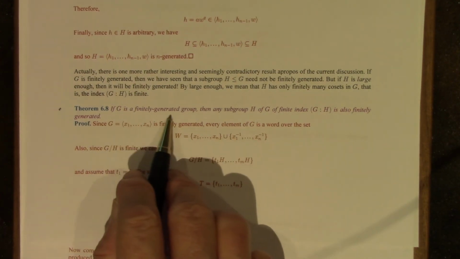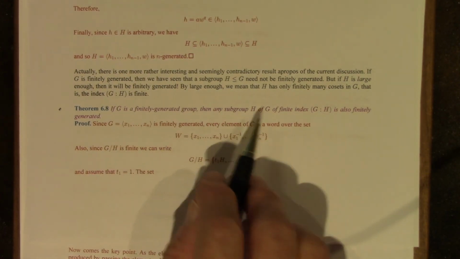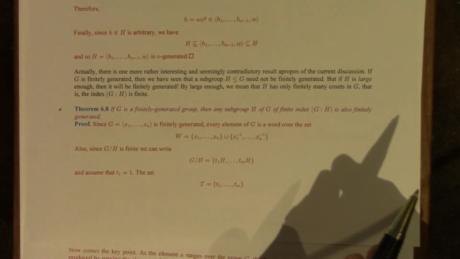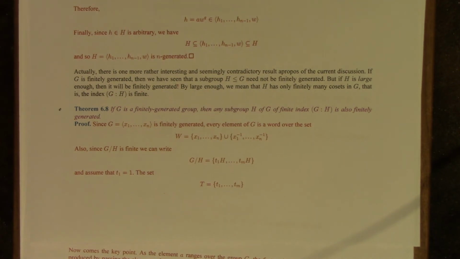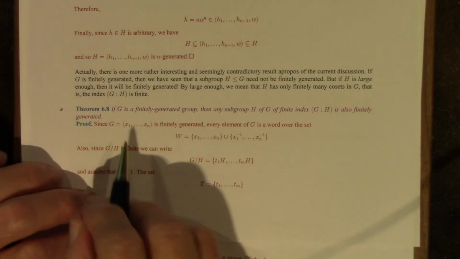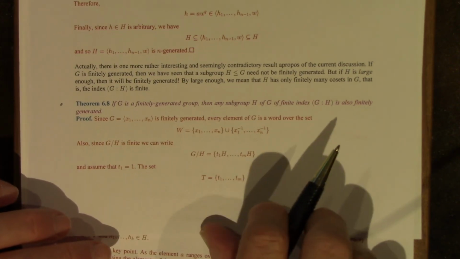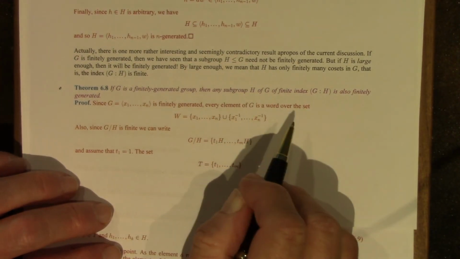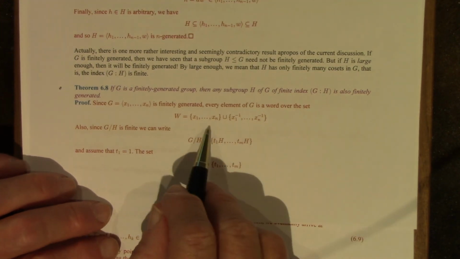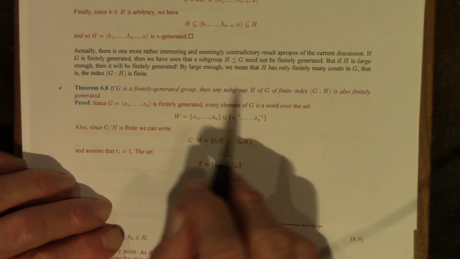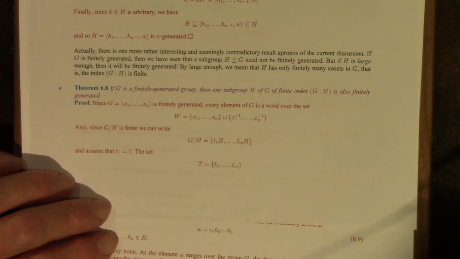If G is a finitely generated group, then any subgroup H of G of finite index is also finitely generated. So the way this works is, let's say G is generated by x_1 through x_n. Every element of G is a word over this set, the x_1 through x_n union the inverses.